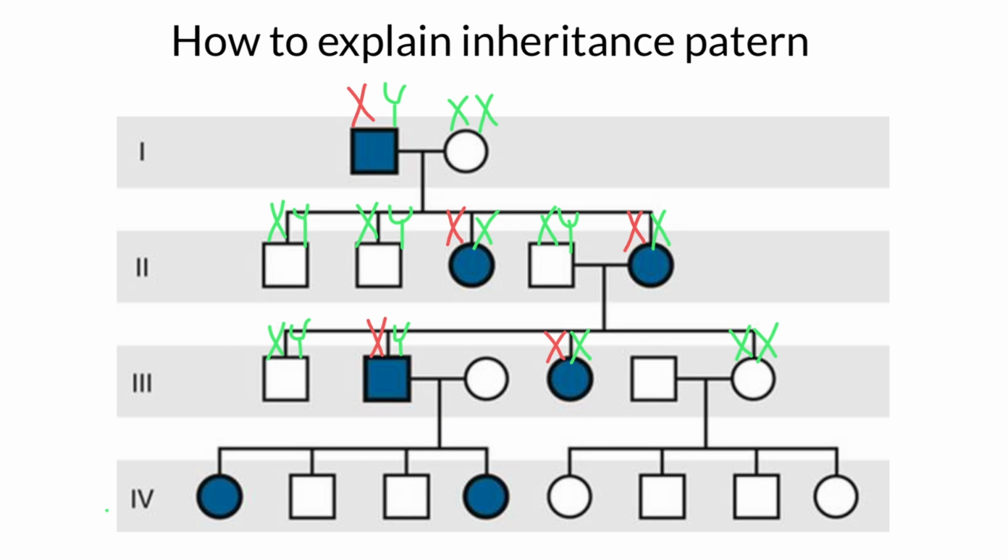So this explains why 50% of the children, both males and females, are affected, and another 50% of both sexes are unaffected.